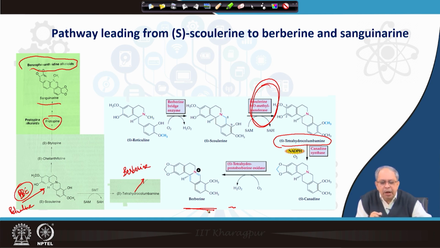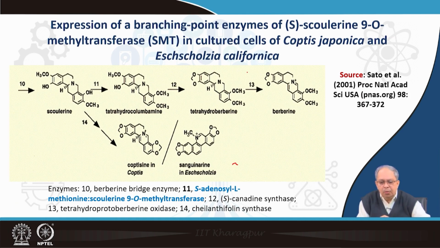Keeping that in mind, we will move to the next slide. This is one of the first metabolic engineering applications with the benzylisoquinoline pathway, where scientists targeted expressing scoulerine 9-O-methyltransferase, which is SMT, in cell cultures of Coptis japonica and Eschscholzia californica.